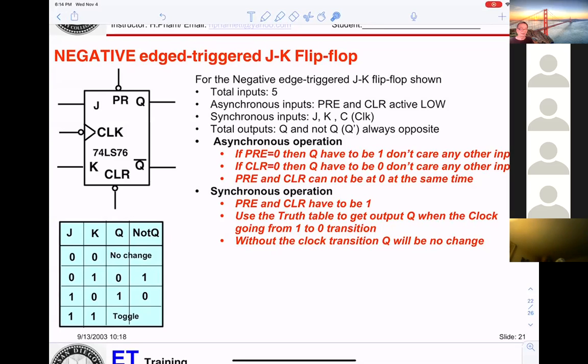For the synchronous operation, the preset and the clear have to be 1. Use the truth table to get the output Q when the clock goes from 1 to 0 transition. Without the clock transition, Q will be no change.